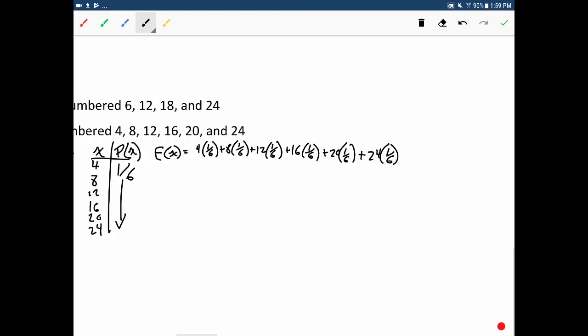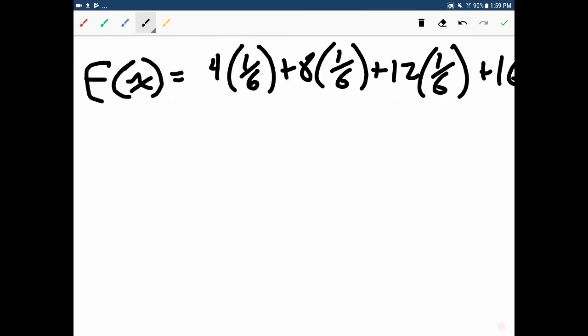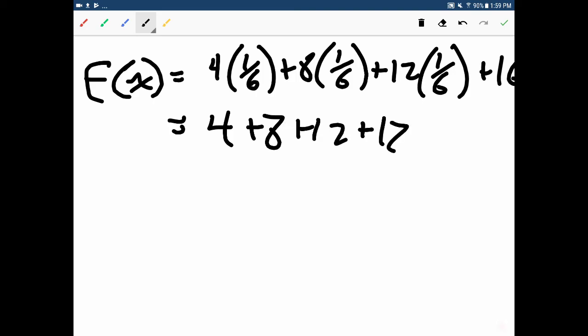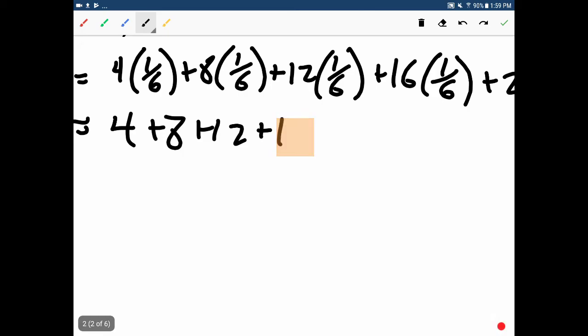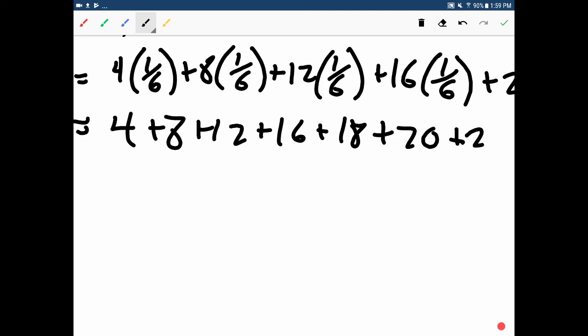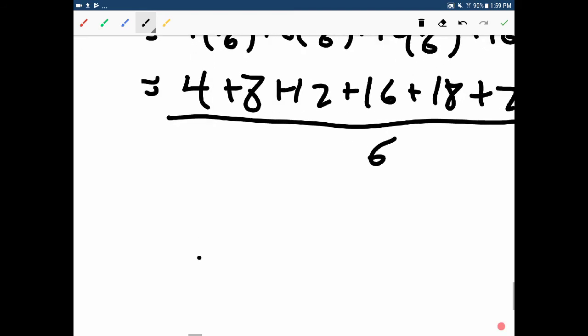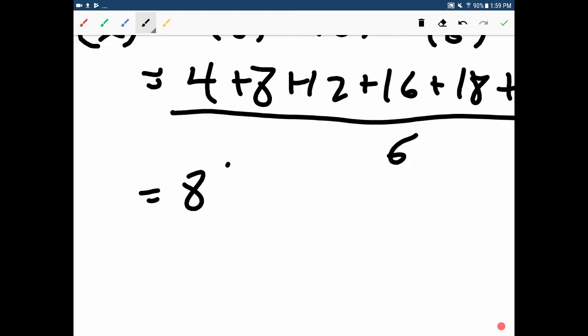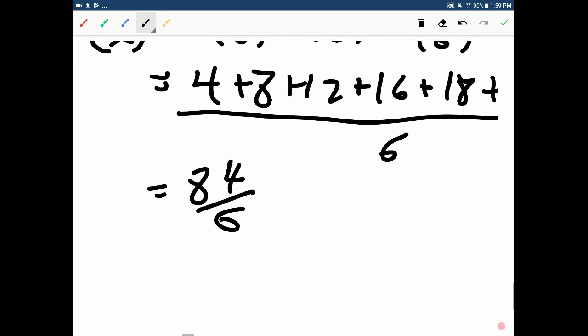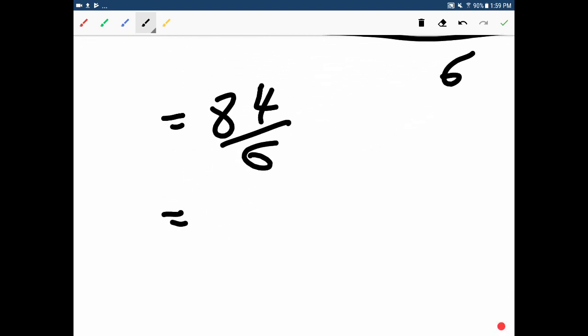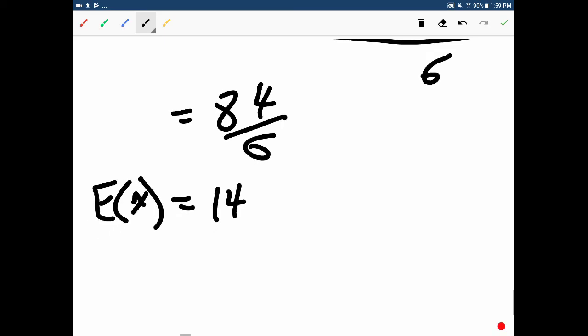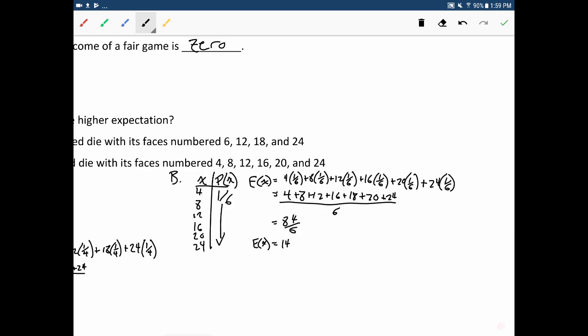Then 4 plus 8 plus 12 plus 16 plus 20 plus 24, and we divide the whole thing by 6. That gives us 84 divided by 6. You're welcome to check my math, but I'm pretty sure I'm right. That equals 14, so we expect to roll a 14 on that die.